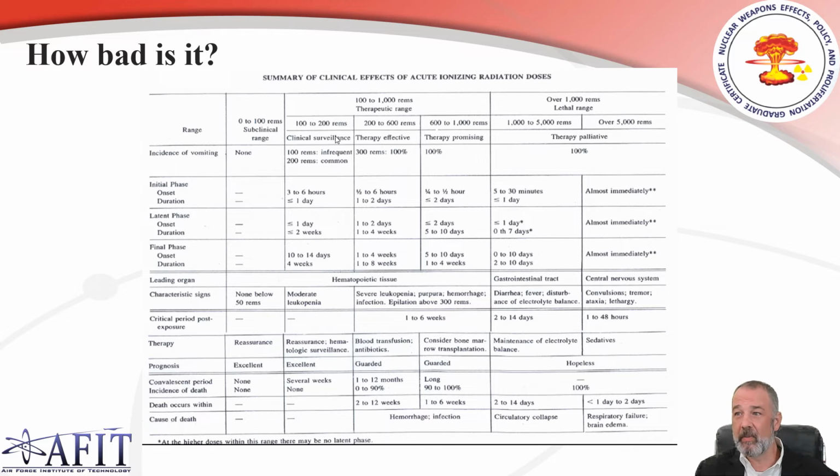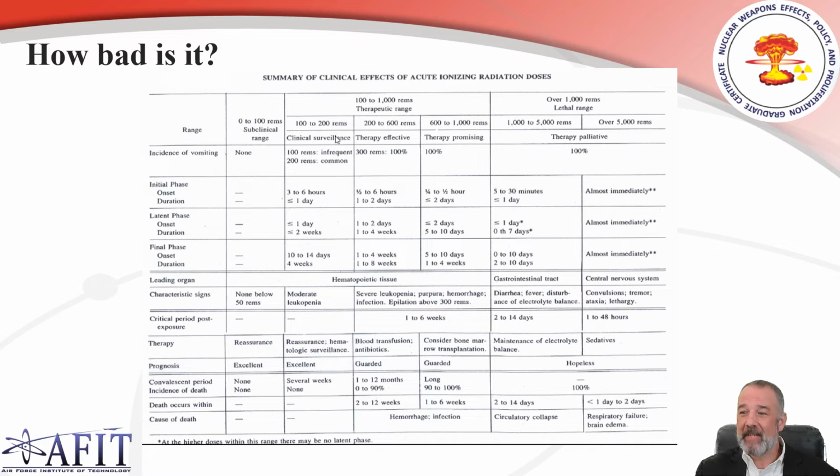So from 200 to about 1,000 REM, you're going from centisievert all the way up to a sievert. And then what's the therapy? What's the prognosis? Well, once you get into the 200 REM category, it doesn't look quite as good. So they list that as guarded, which means they want to be optimistic, but there's a chance you're going to die.